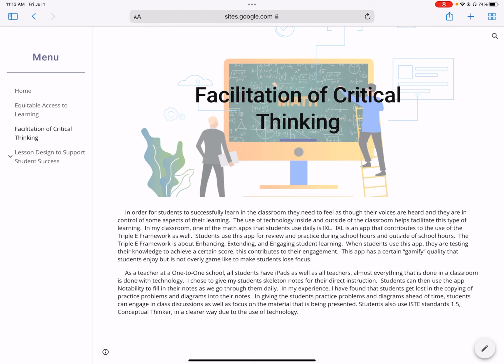A lot of times students get really bogged down in copying down the practice problem or the picture instead of paying attention to the mathematics that is being explained. By giving them these pictures, they have the opportunity as well to look over what they are going to be learning the next day or things like that. And they have the opportunity to bring it back and ask questions as they see fit.